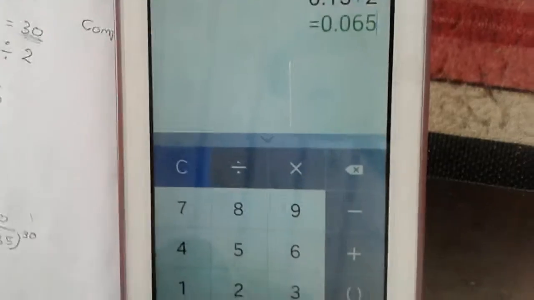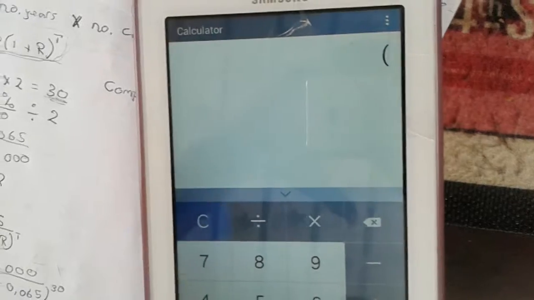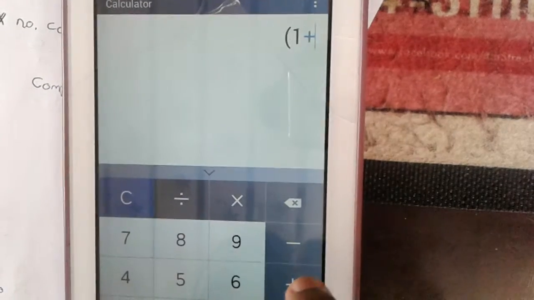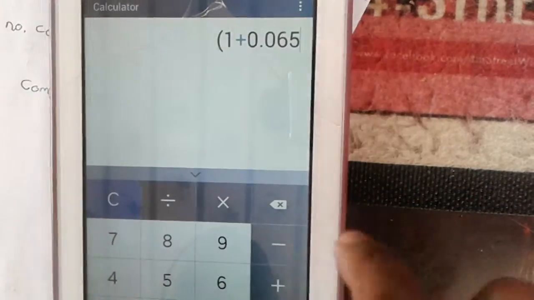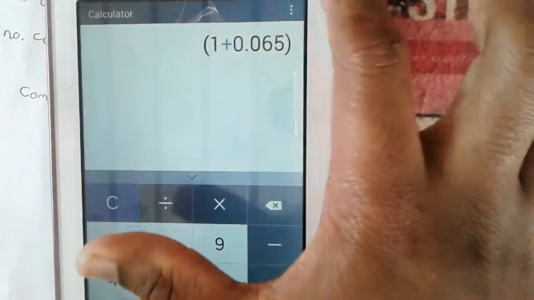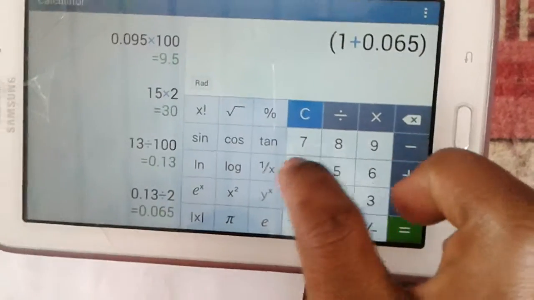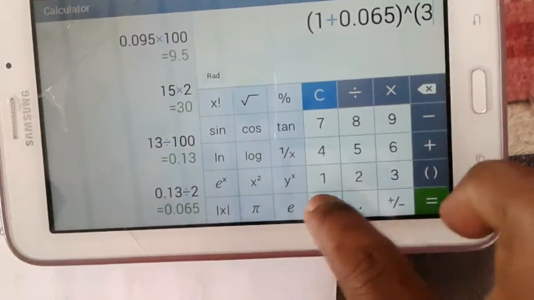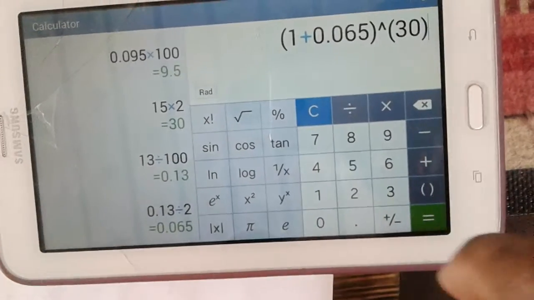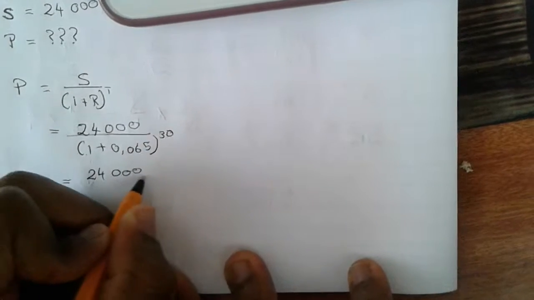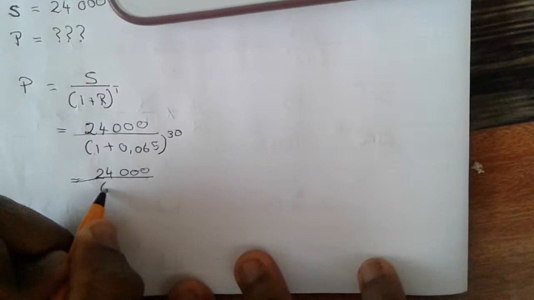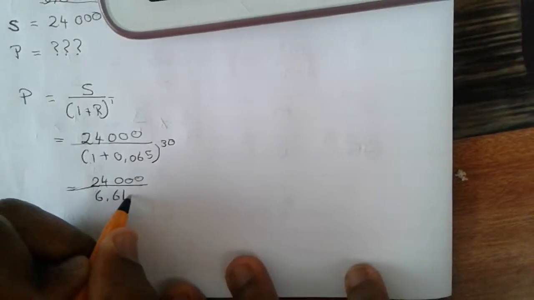Since I do not have a scientific calculator, I'm going to start with the bottom one. One plus 0.065, all that to the power 30. Please use a scientific calculator because it's easier to use. So 24,000 all over 6.61.